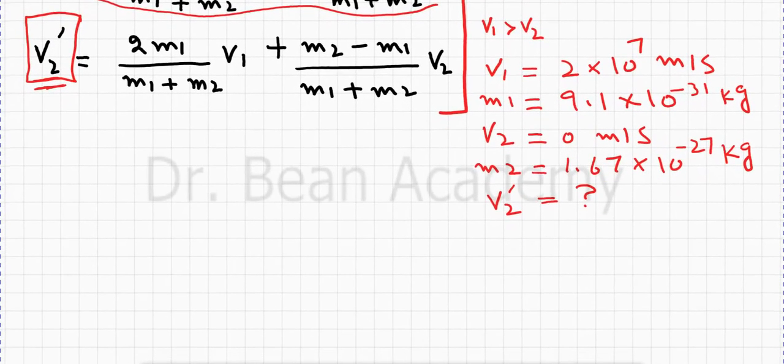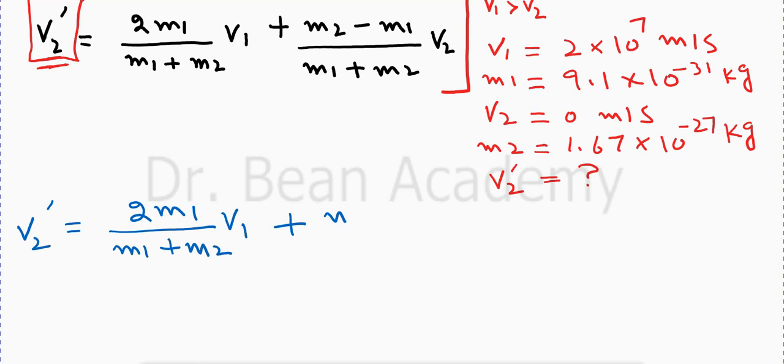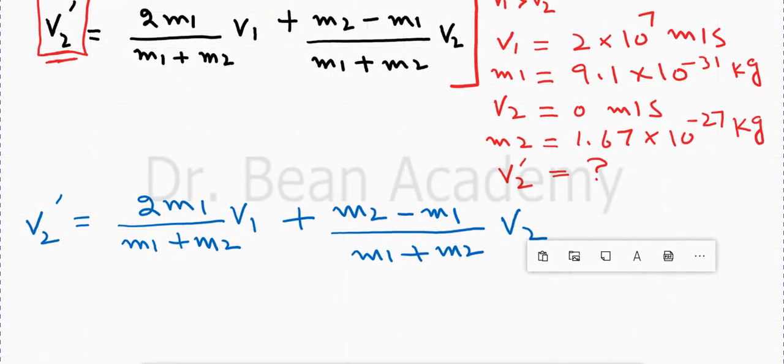So let me rewrite this formula. v2 prime equals 2m1 over m1 plus m2 times v1 plus m2 minus m1 over m1 plus m2 times v2. So now just plug in the values and you are all set.